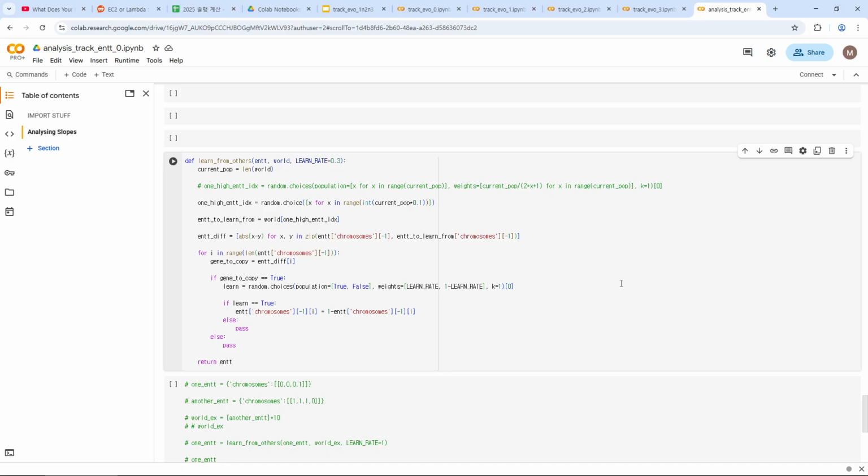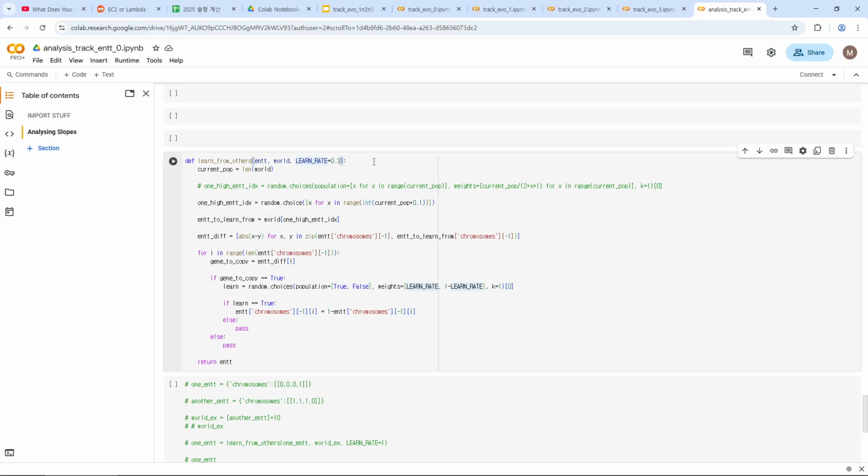So, for every entity that is in the list, which is in the loop, an entity will be passed into this function and the world, and a learn rate, not to be confused with the learning rate from other neural networks.